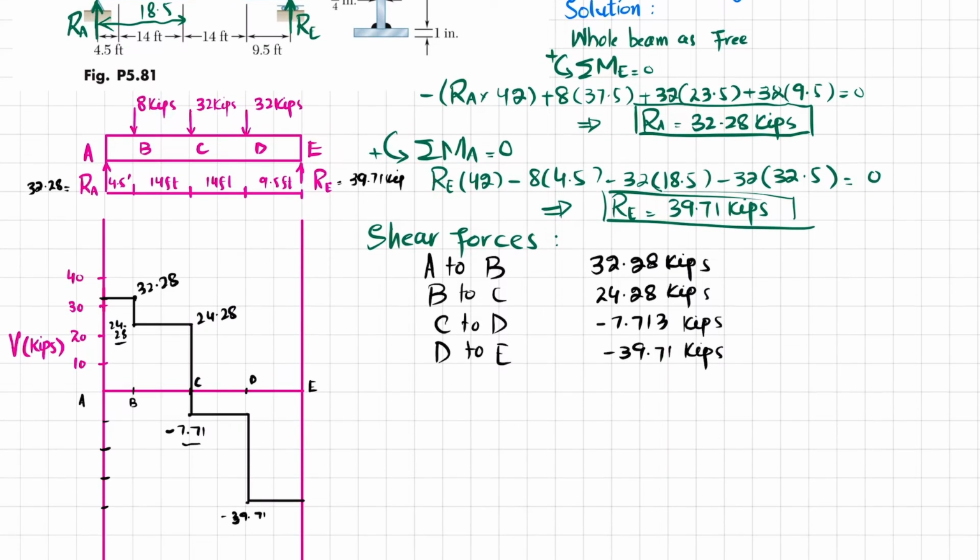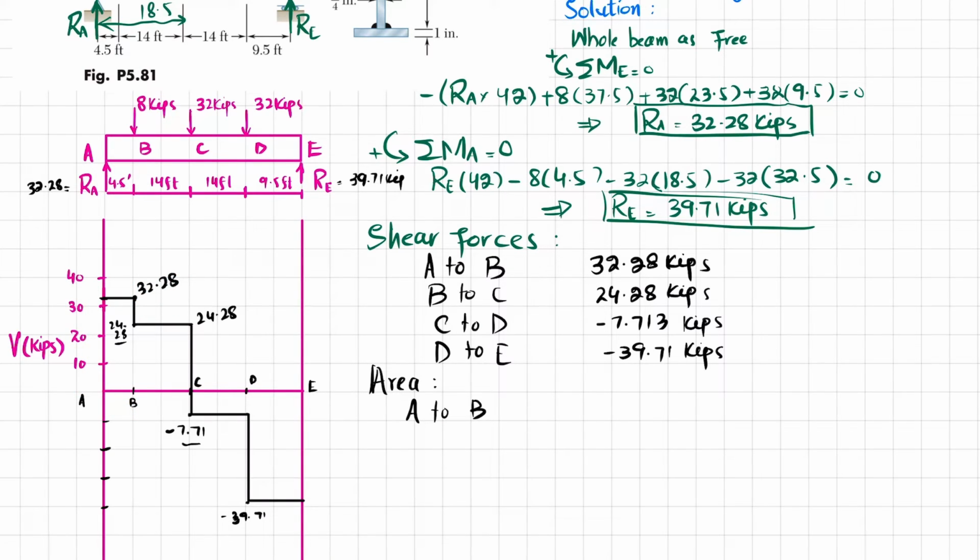Now we will move toward area, because the area under the shear force diagram will give you the bending moment. So area from A to B. This is the area under AB, this rectangle, and the area will be this height multiplied by this width. So height is 32.28 and width is 4.5 feet.